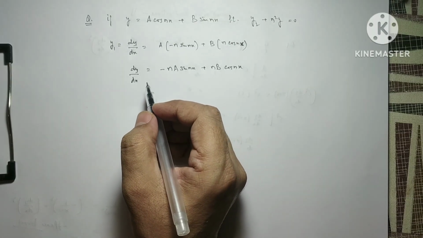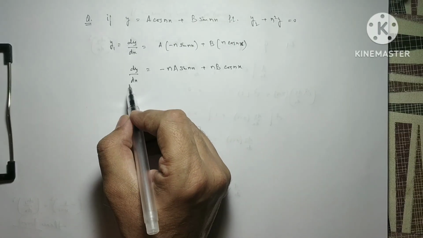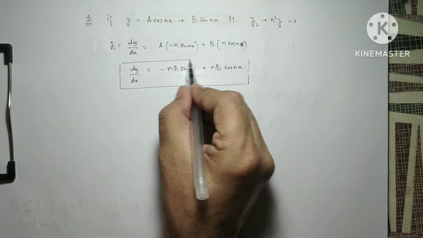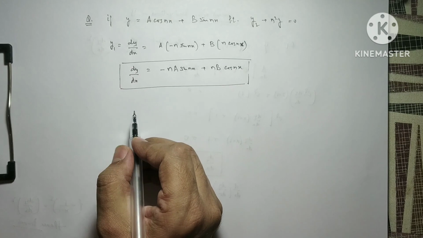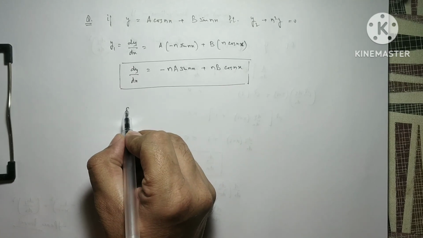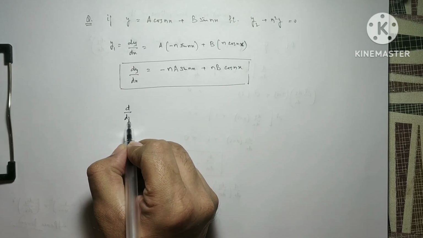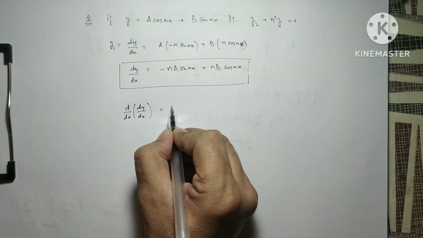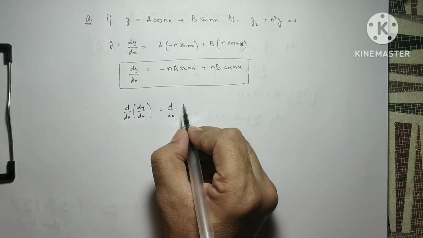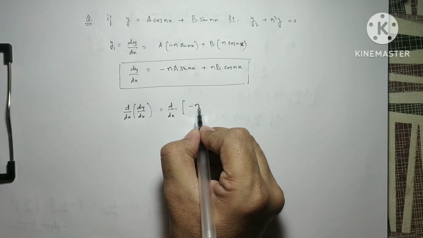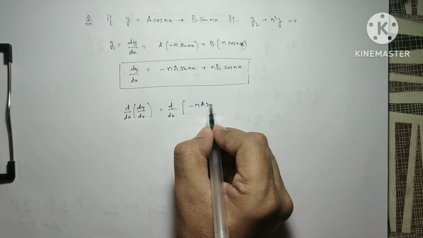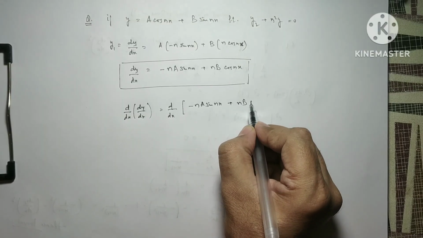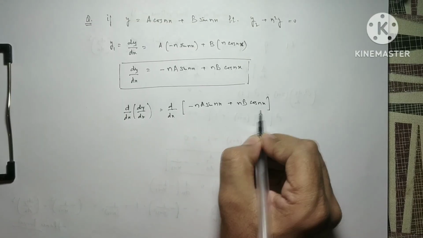Now we will differentiate this first derivative of y again. So after differentiation we get d over dx of dy over dx and d over dx of the right hand side: minus na sin nx plus nb cos nx.